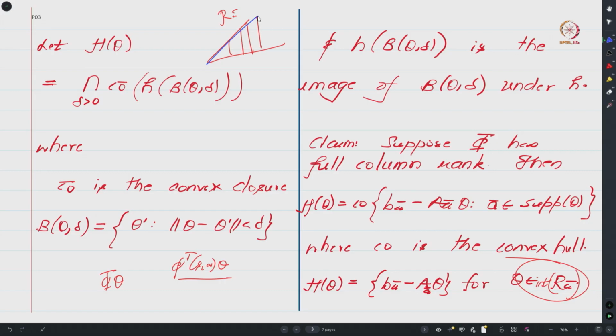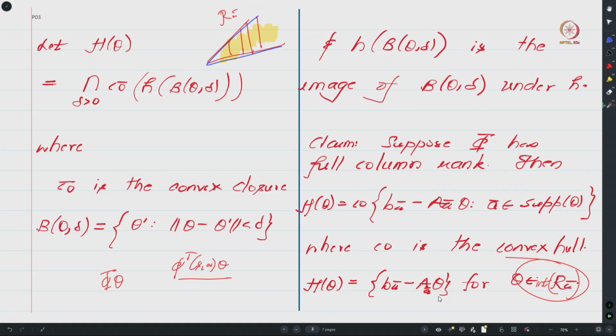The blue lines are the boundaries associated with this cone, you remove them, and whatever is inside, which I am shading right now, this is the interior of R A bar. You take any theta which sits in the interior of R A bar, and one can show that in that case your H theta, which is defined in the following way, is actually made up of a singleton which is B A bar minus A A bar theta.